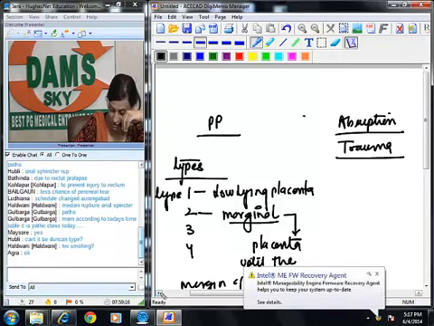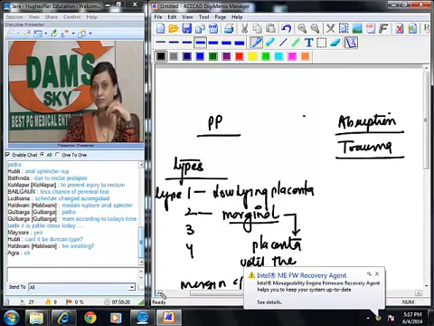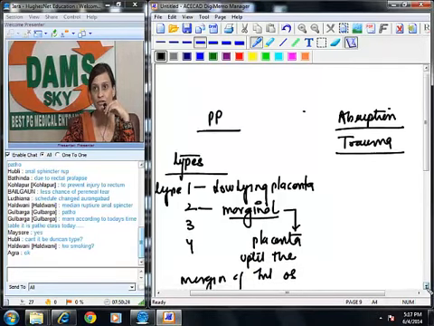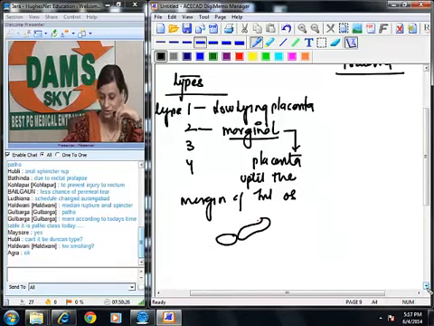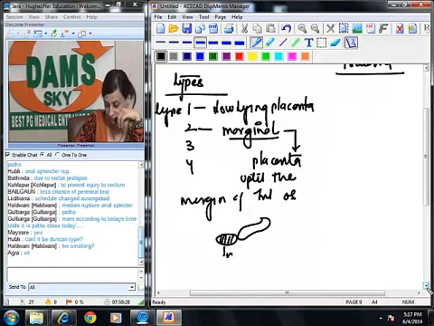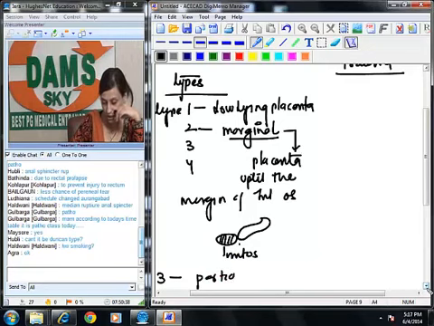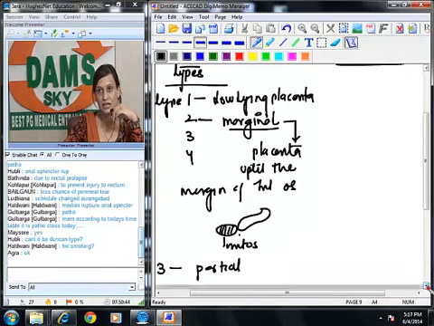If this is the internal os, this is how the placenta is situated. Right, so this is what I am showing you. The placenta reaches the margin of the internal os. So this is type 2 or marginal. Type 3 is called partial.